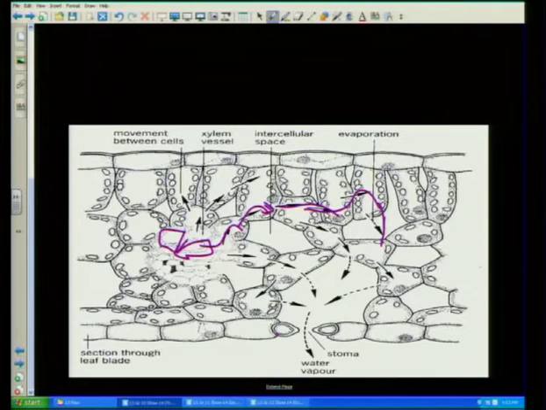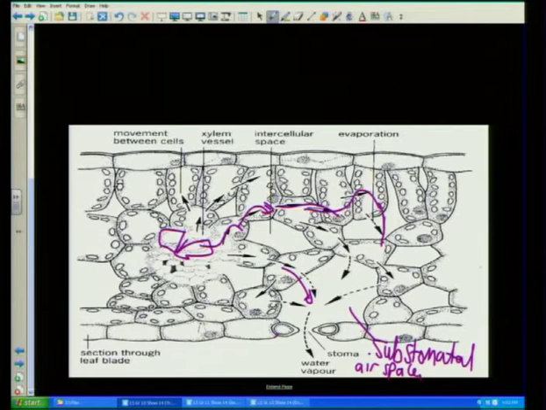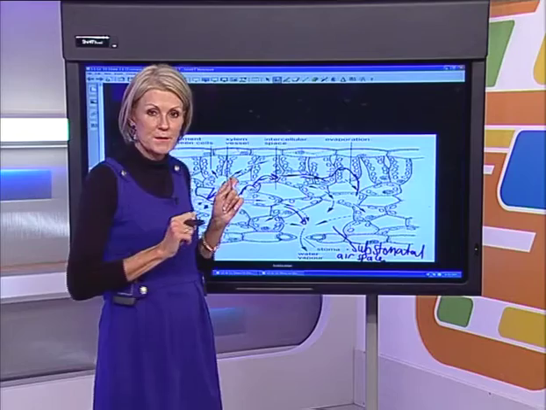So once the water goes from this cell into this substomatal air space, it moves from the cell through the cell membrane to the air space.